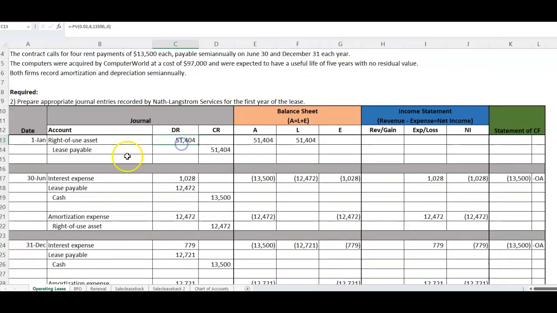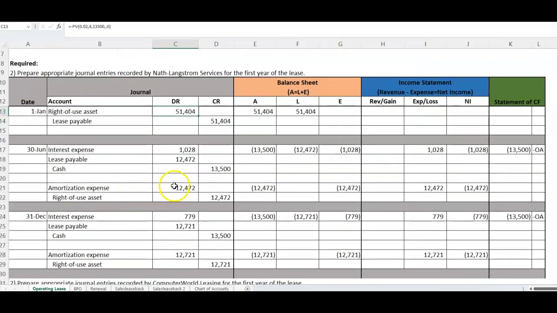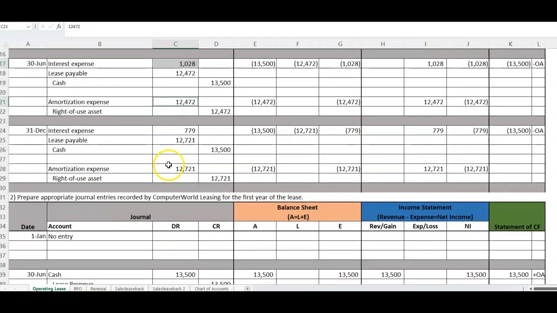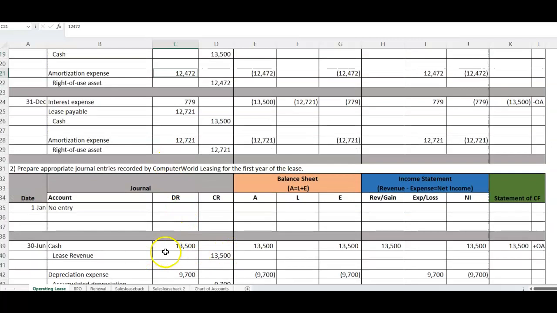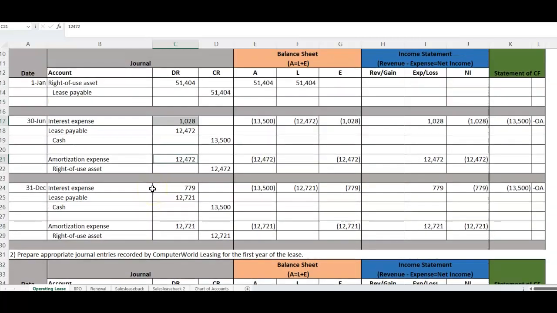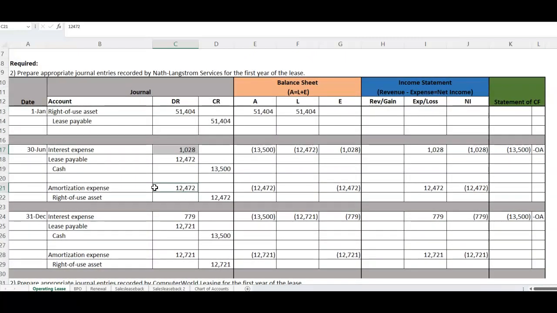You still, as the lessee, record a right-of-use asset. The big difference for the lessee between a finance and an operating lease is the fact your amortization matches your lease payable. So that way, the lease expense that we record as the lessee would match the lease revenue that they record on their side. So notice it would all be lease expense or rent expense in theory, but the way we have to get to that point is sort of questionable.